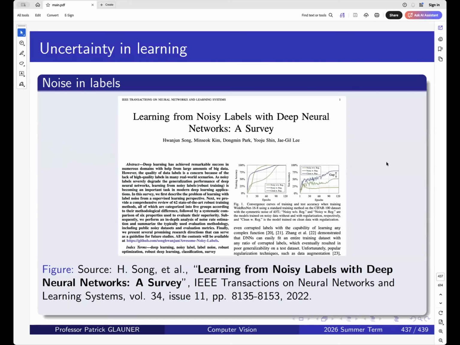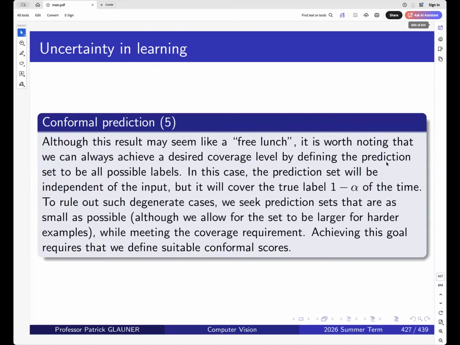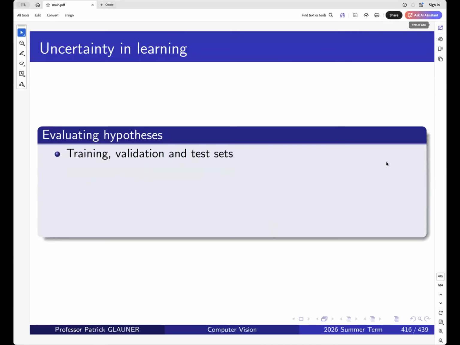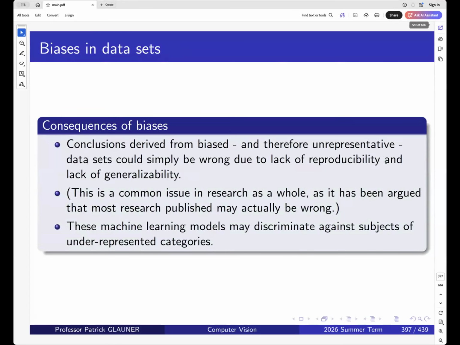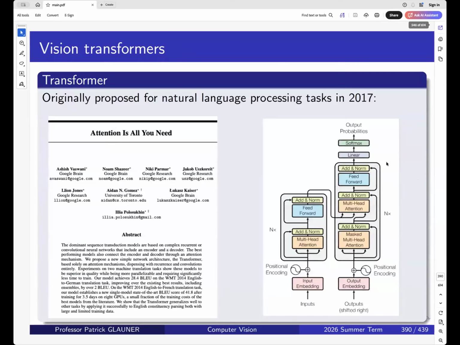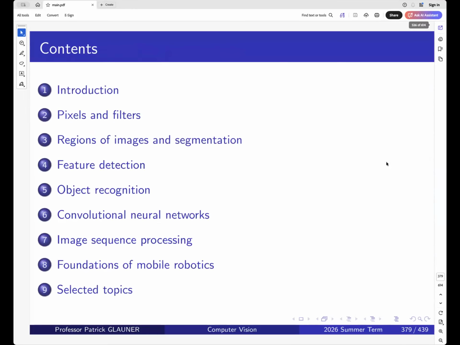And I just want to briefly go back to the beginning of the chapter just to show you the big picture of what we did. So I'm just going back to the list of contents, which was here. In this course, we started with an introduction. We saw why computer vision is so challenging.